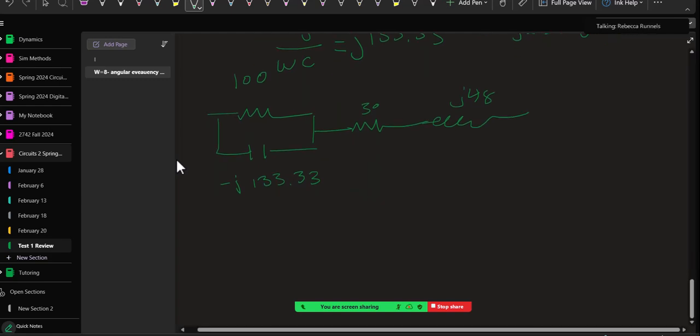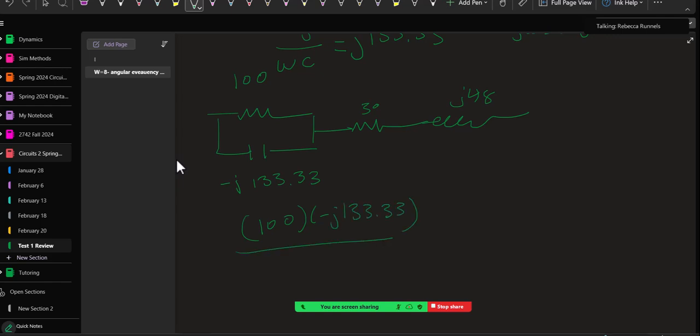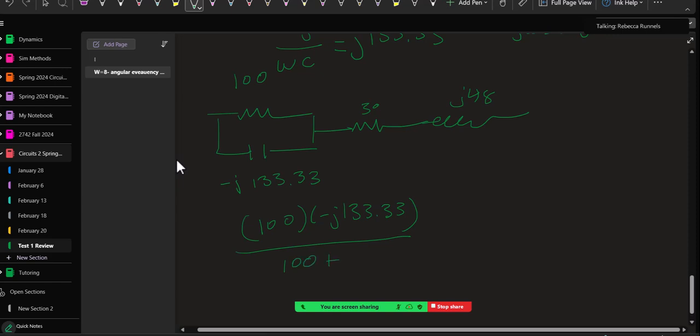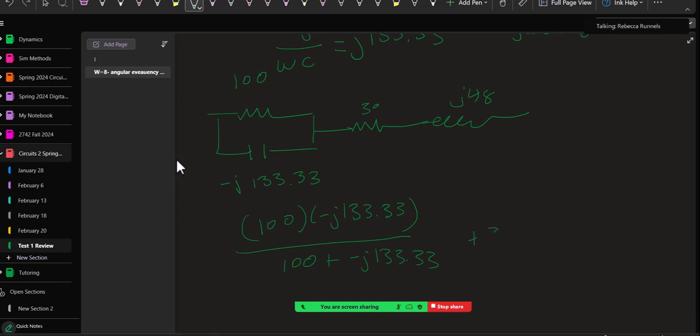So then if you took 100 times minus j 133.33 over 100 plus negative j 133.33, plus 30 plus j 48.